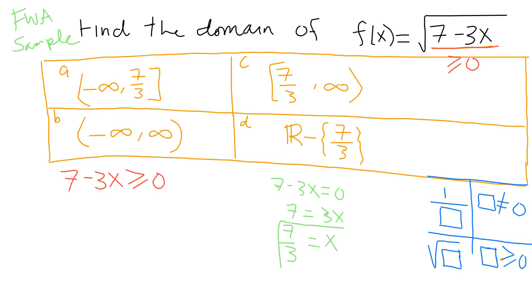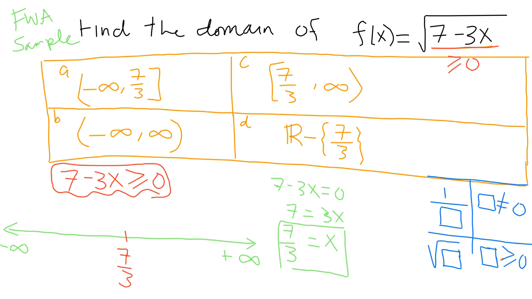Now take the real numbers from minus infinity to positive infinity, and mark the value 7 over 3. We're looking for the numbers which satisfy this inequality.